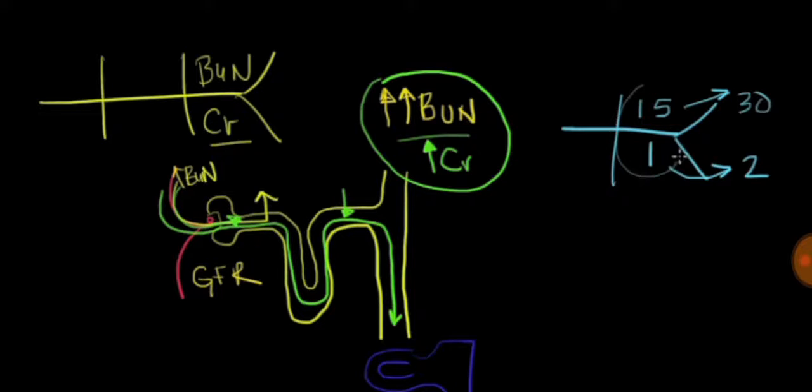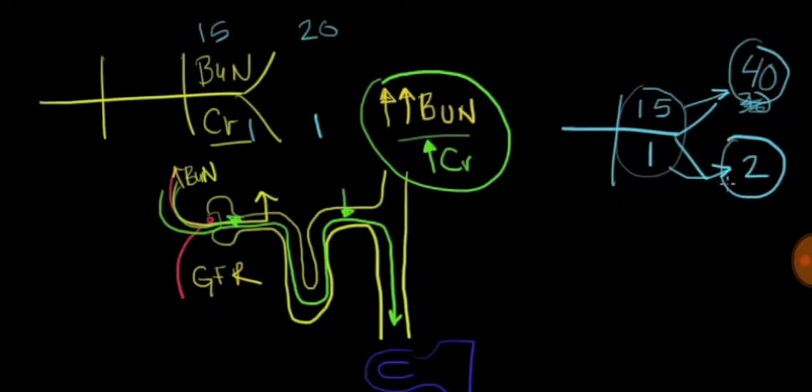Instead of a 15-to-1 ratio, it could even go higher, to 40. So a 40-to-2 ratio, which is the same as a 20-to-1 ratio. So here we would see the normal ratio is 15-to-1, and it would go up to 20-to-1, or in this case, 40/2. And that would be from a low flow state.